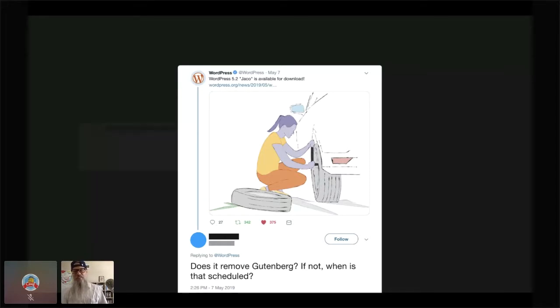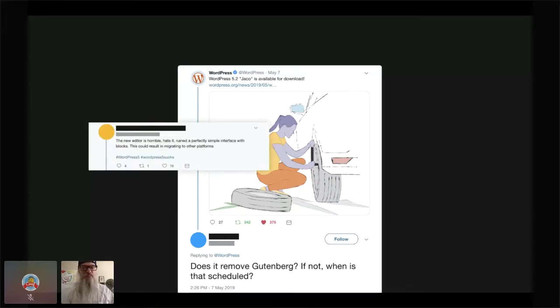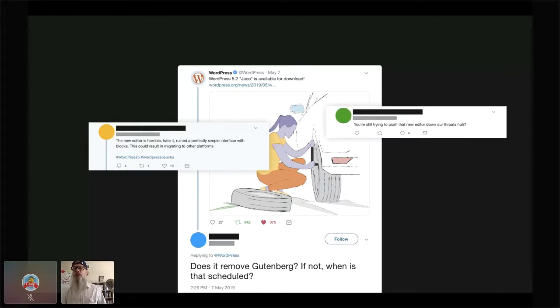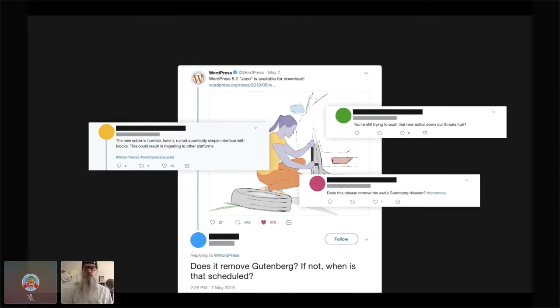And other tweets like this: the editor is not good. You're still trying to push that editor down our throats. Or, does this release remove the Gutenberg disaster? These are the things that I pay attention to as I'm contributing to the project, and I'm trying to understand why people feel this way or how we can improve this product so that it's more adopted and accepted in the community.